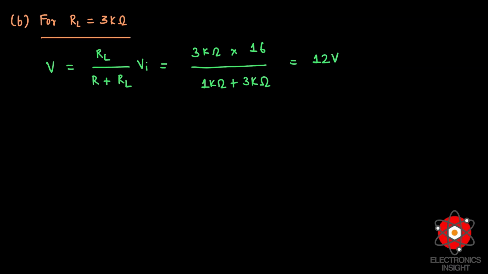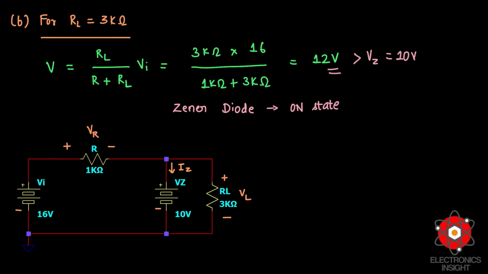Now here comes the pure analysis, where the open circuited voltage V is equal to 12 volt, which is greater than V is equal to 10 volt. Therefore, the Zener diode is in on state, and the appropriate equivalent model should now be substituted in the second step.